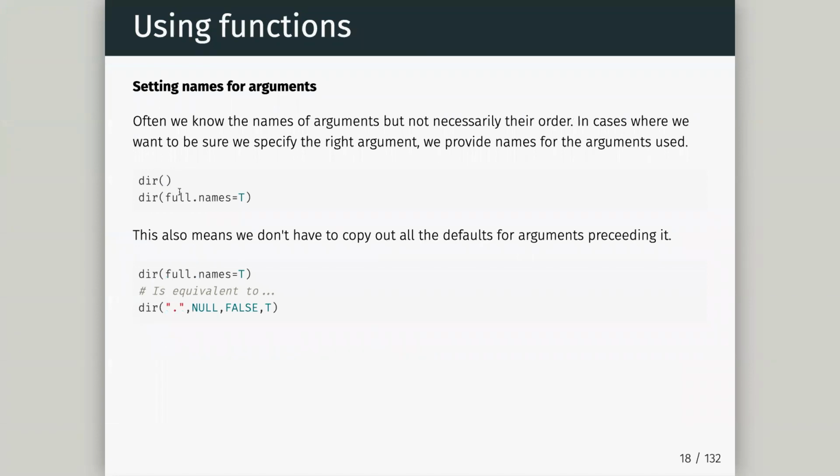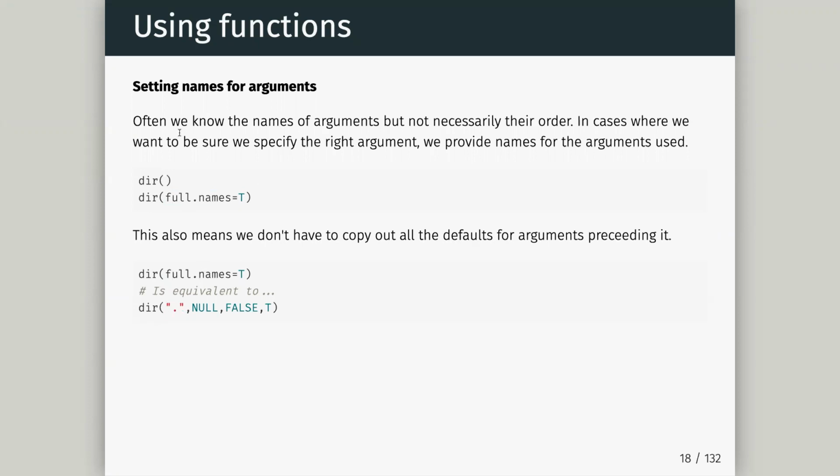This is really just to show you an example of a slightly more complex function. As we saw, there were a lot of arguments which we could potentially set. So in order to set these arguments, we provide the name of the argument we want to set. In this case, full names, I want to change that from false to true. So here I can just do full names equals true, and I don't need to worry about any of the other arguments in that description.